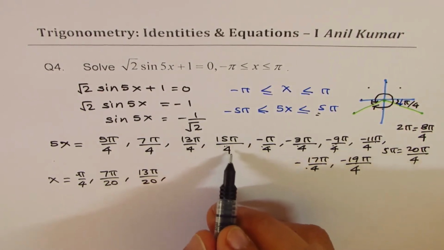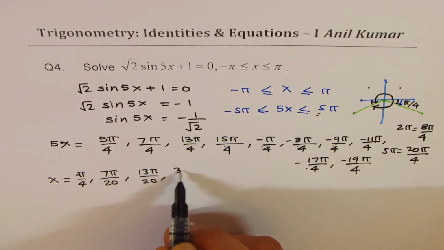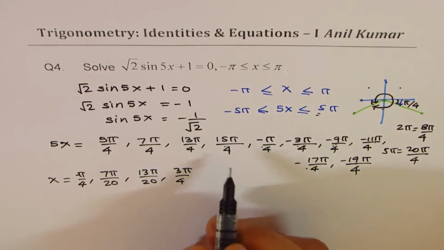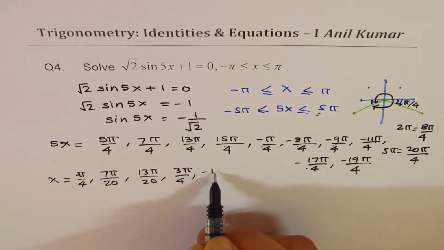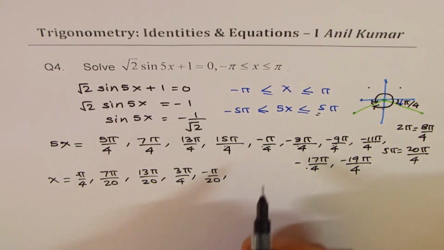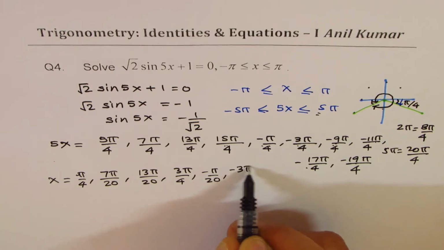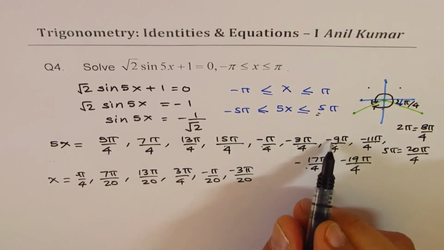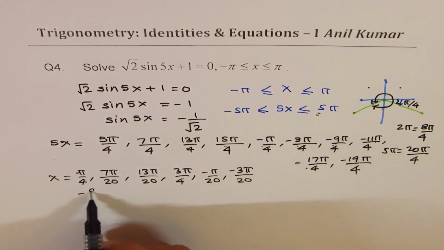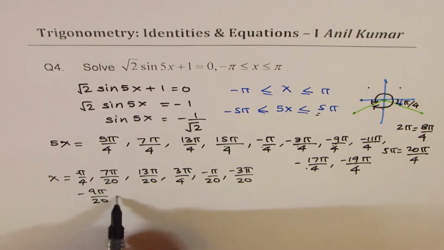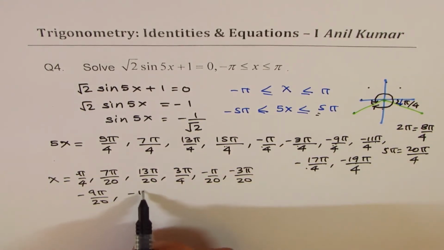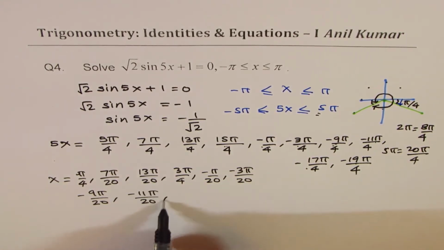And 3 pi by 4. I'm doing 2 steps at one time. So minus pi by 20. Here we get minus 3 pi by 20. And then here you get minus 9 pi by 20. And then here minus 11 pi by 20.